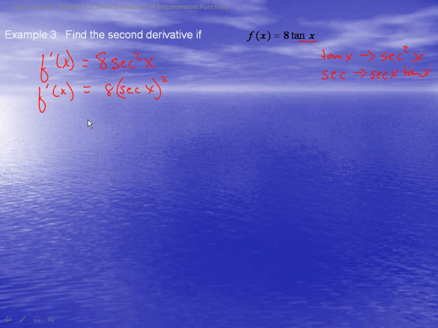So our second derivative is going to be equal to 16 times secant x to the first power, because we subtract 1, times the derivative of secant x, which is secant x tangent x. And so that'll give us, for our second derivative, 16 secant squared x times tangent x.